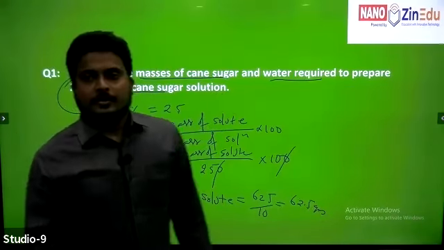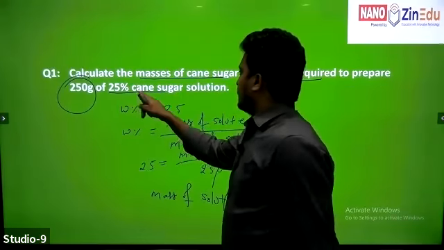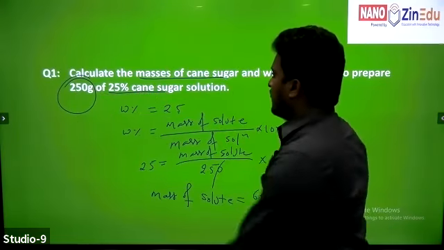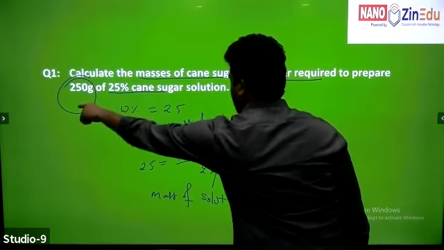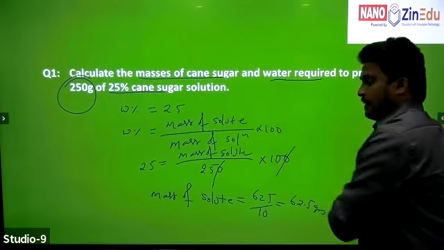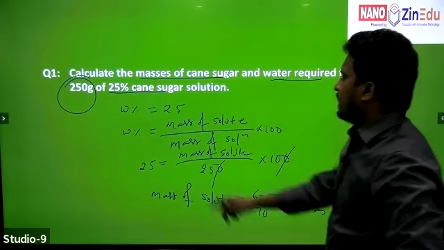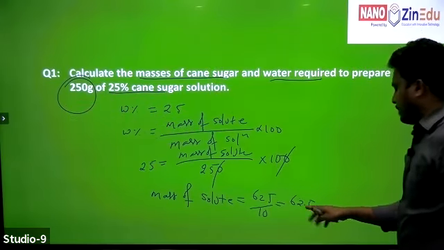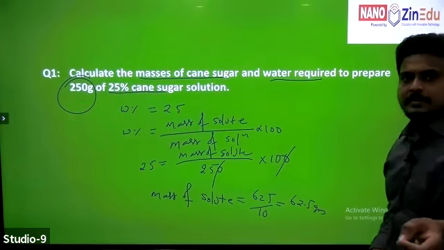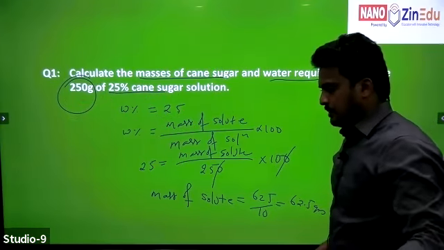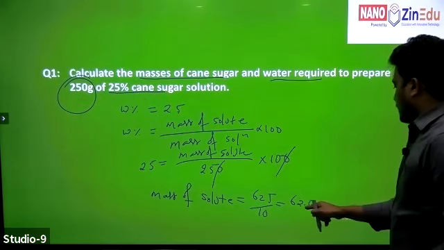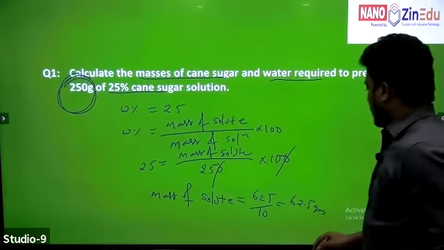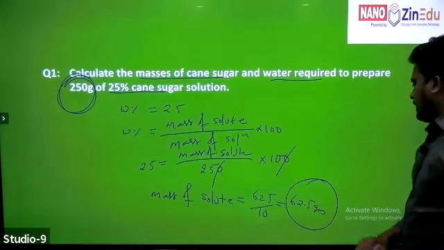25% of cane sugar in 250 grams means 62.5 grams. Simple basic mathematics. So the total mass of the solution is 250 grams and the weight of sugar is 62.5 grams.